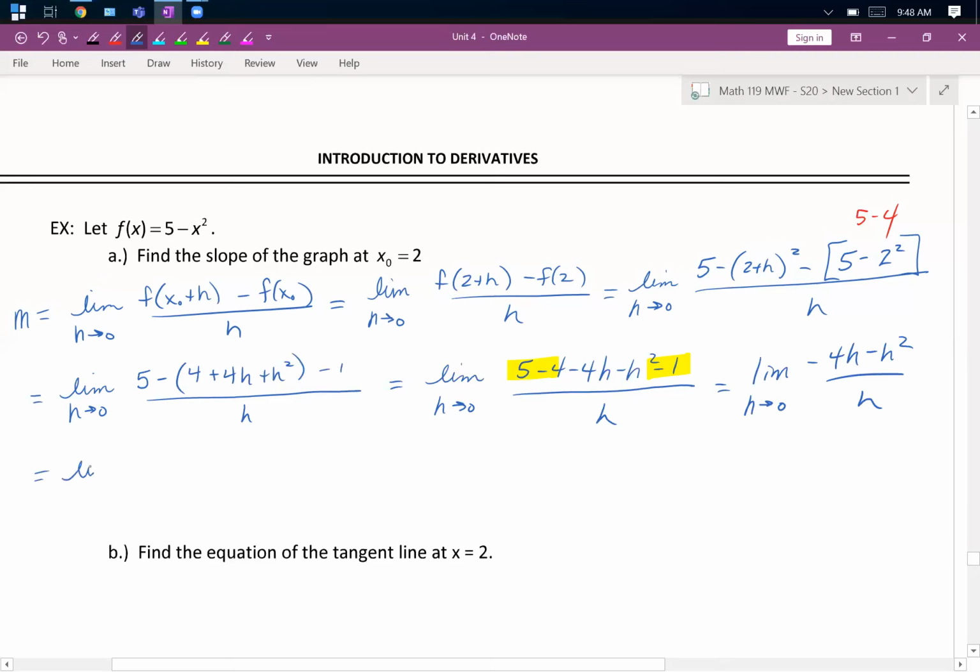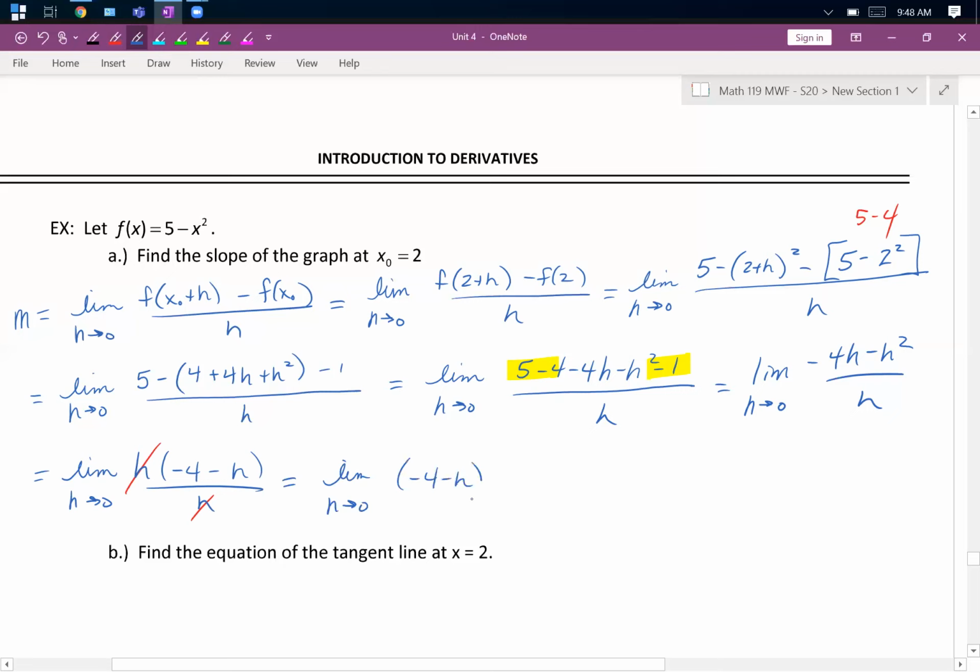We factor out the h in the numerator. We cancel our factors of h. And we're left with the limit as h approaches 0 of -4 minus h.